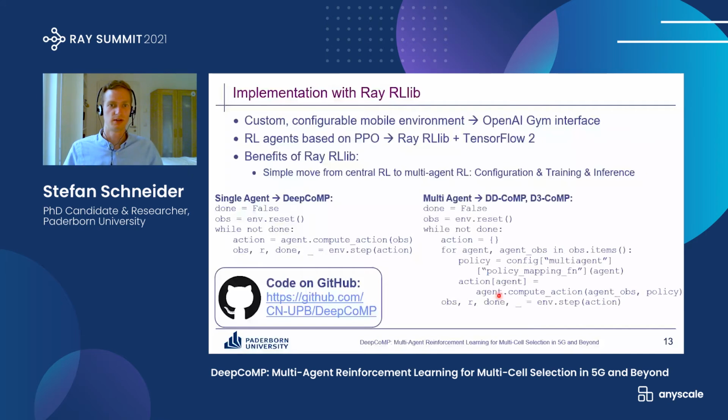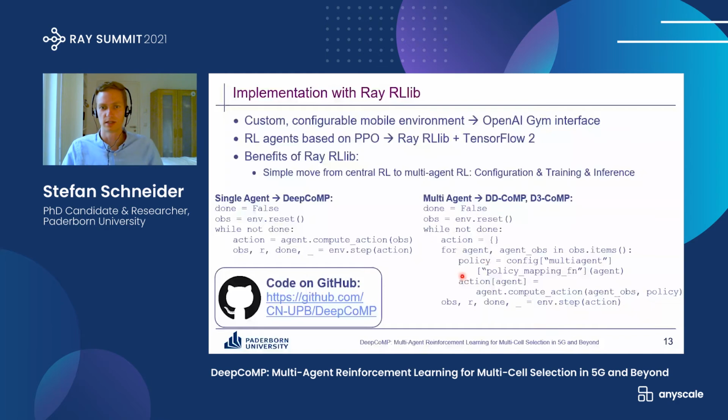Now, moving from this centralized single agent inference to multi-agent inference is also quite simple. So not much more code here. I again start with the environment being reset and loop until the episode is done. But here the action and the observation are not a single observation or action, but they're dicts because I now have actions and observations for each agent. For that reason, I iterate through these observations. And for each agent, I get the corresponding policy using this policy mapping function here.